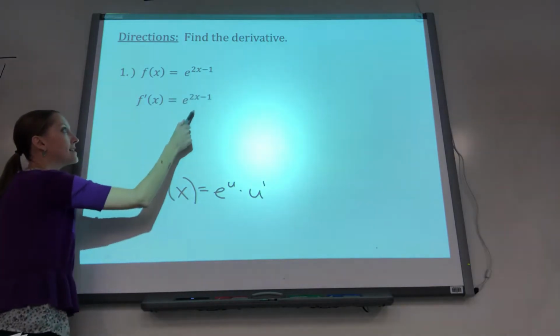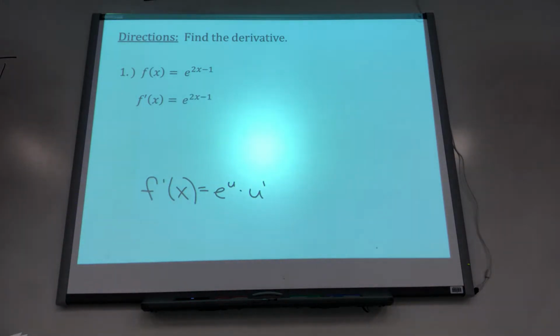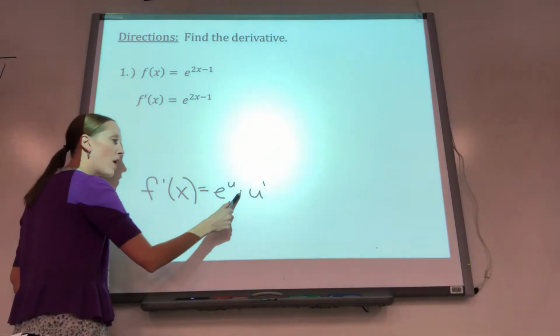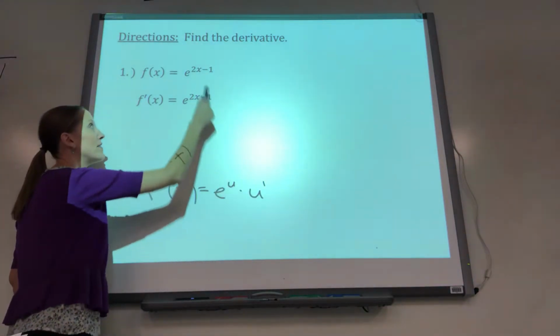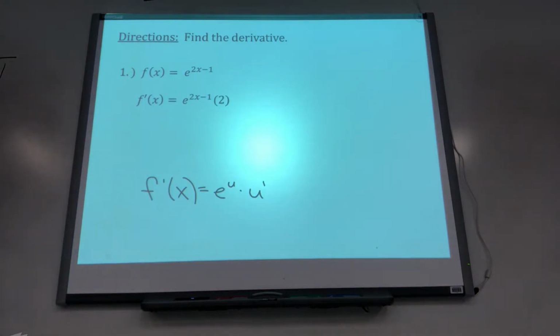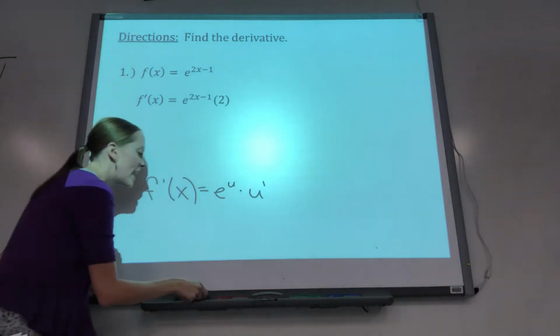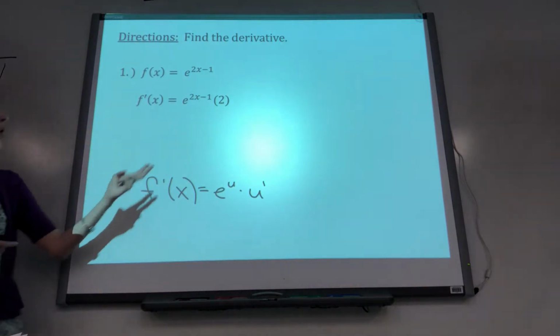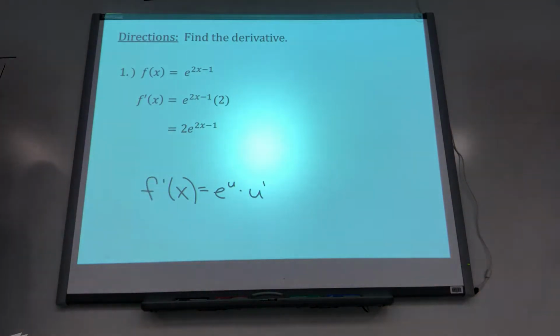So I'm going to put exactly what they gave me down first, but then I have to multiply that by the derivative of u. So derivative of 2x minus 1 is 2. Now to make that look better, we'll probably want to pull the 2 in front and just write it as 2e to the 2x minus 1 power. That is it. You leave it as e to the u, you go back and take the derivative of u.